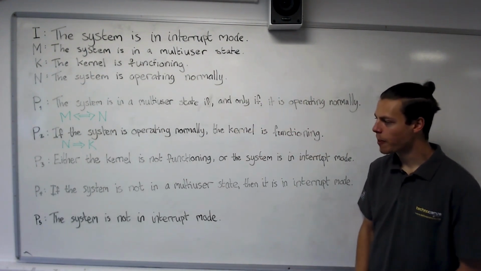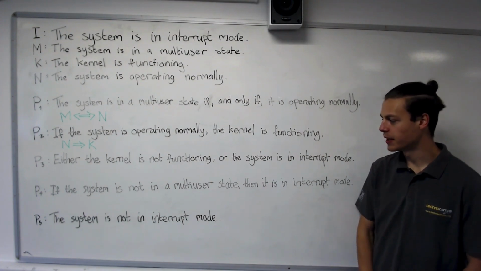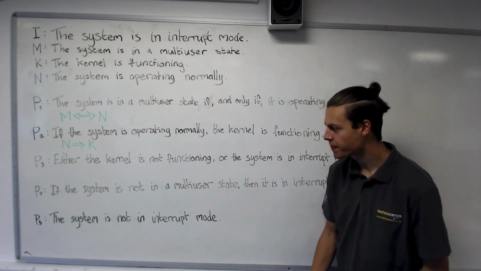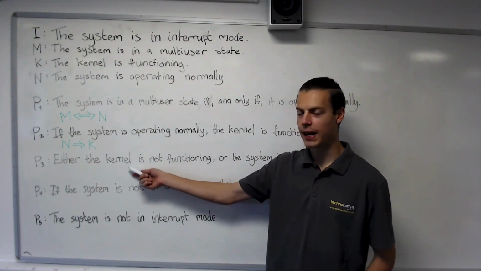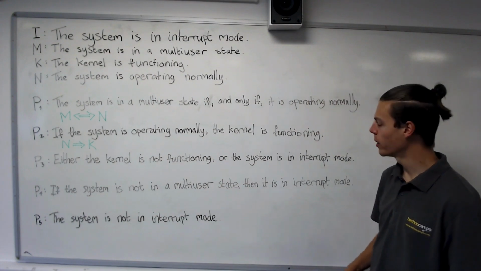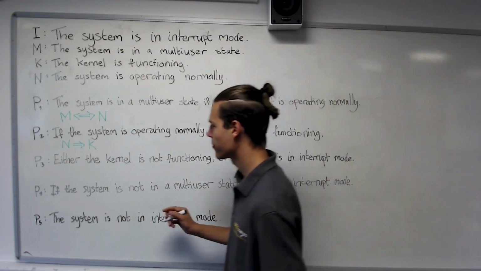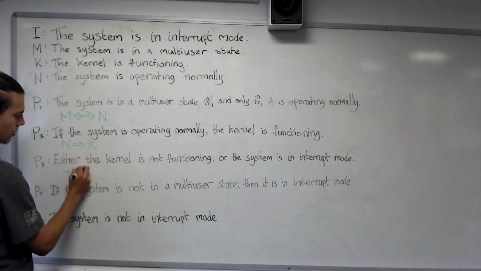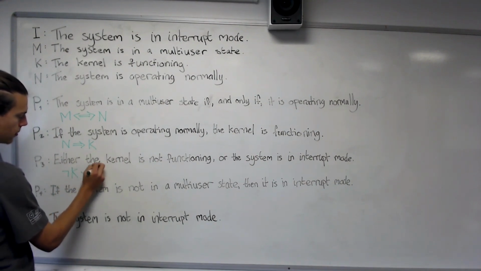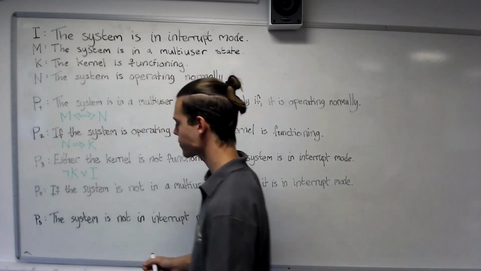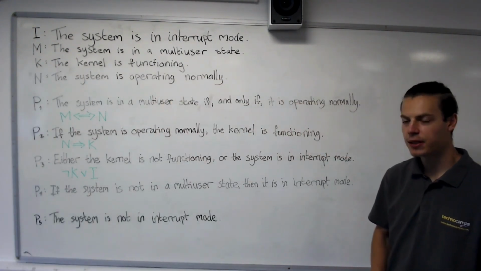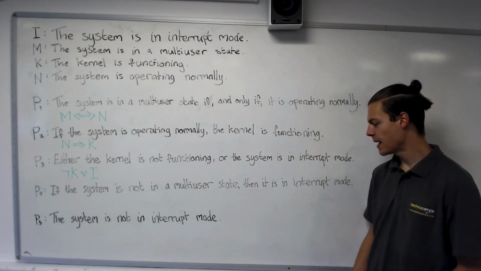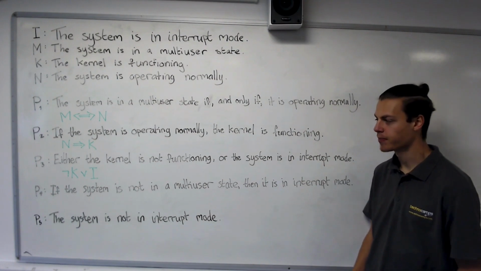The third statement, either the kernel is not functioning or the system is in interrupt mode. Okay, so either not K or I. A fourth statement says, if the system is not in a multi-user state, then it is in interrupt mode.